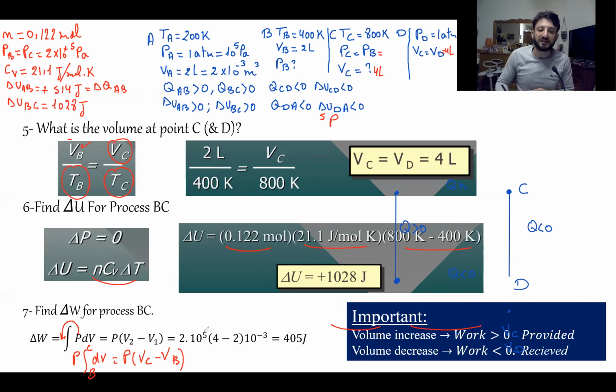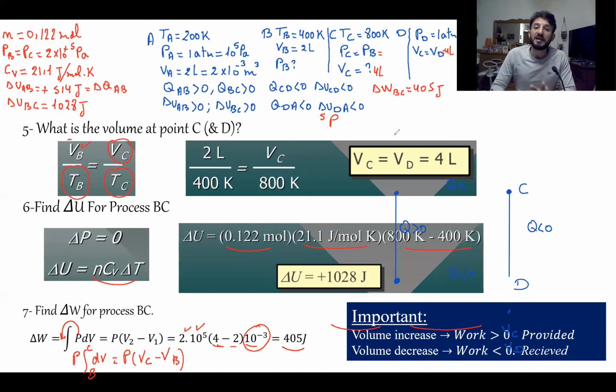We have the value of P equals 2 times 10 power 5. We have VC and VB times 10 power minus 3 to get m cube. We get finally 405 joule. This is the work. We can put it here. Delta omega BC equals 405 joule.